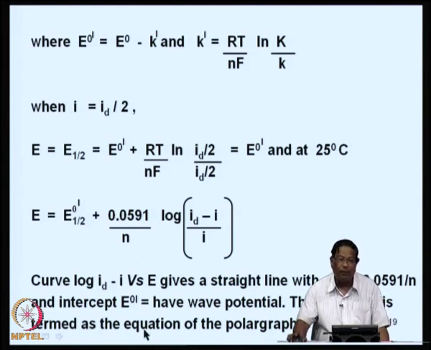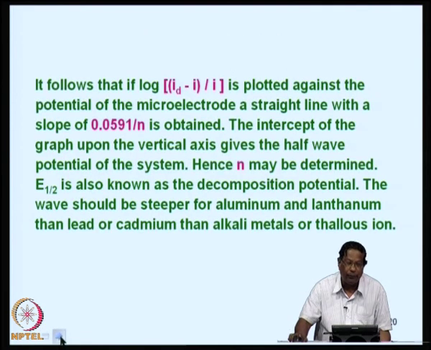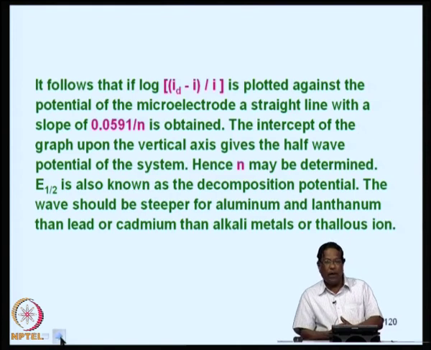This equation is termed the equation of the polarographic wave. It follows, therefore, that if log of (Id minus I) by I is plotted against the potential of the microelectrode, a straight line graph should be obtained with a slope of 0.0591 divided by n. The intercept of the graph gives the half wave potential.